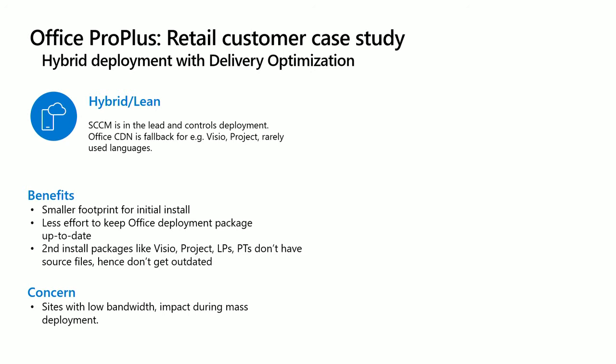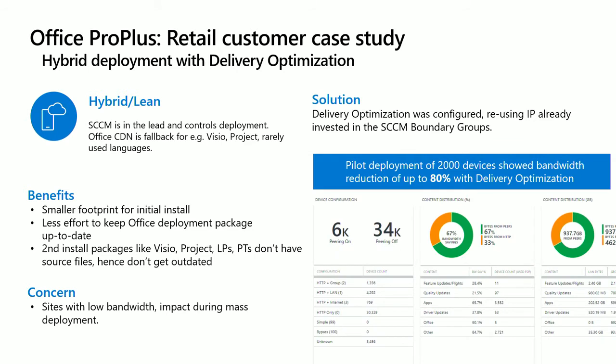So they tried it out, but then they noticed that in some sites that have low bandwidth, even downloading these relatively small packages was impactful to the network. So they decided to go ahead and do a pilot using delivery optimization. They can put all the settings in place and leverage the boundary group feature in SCCM to contain the devices within their sites.